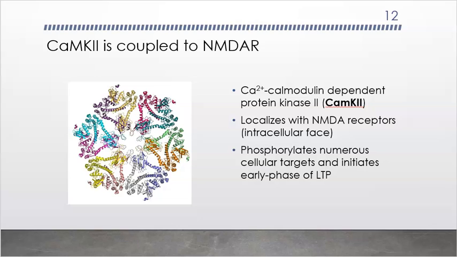It's on the intracellular face, so it's inside the postsynaptic cell, kind of hanging on to that NMDA receptor. And what it does is it phosphorylates numerous cellular targets and actually initiates the early phase of LTP. So it helps in plasticity.